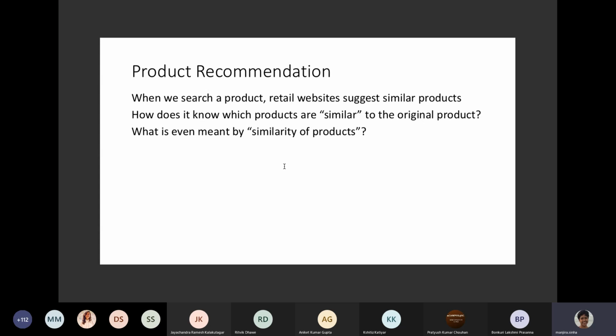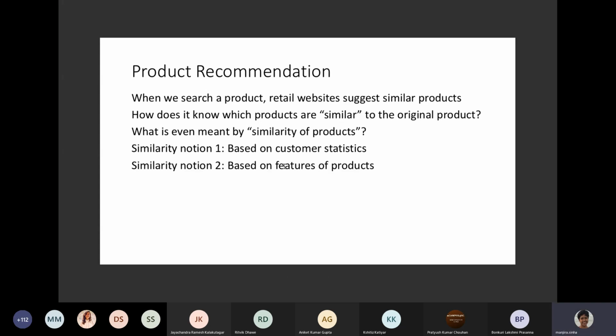That means similarity is not only about how two products look or their type, or whether the products go together. So one notion of similarity can be based on customer statistics.